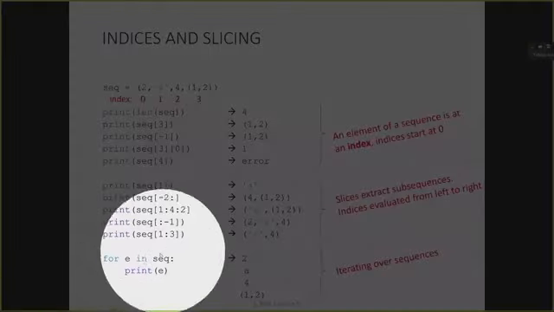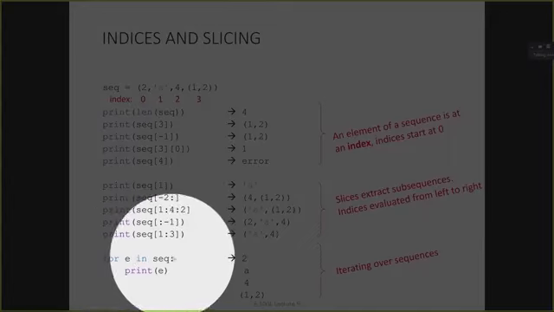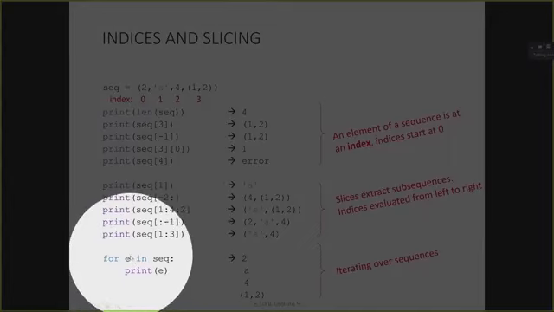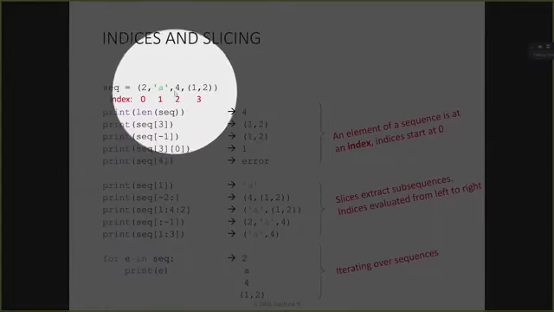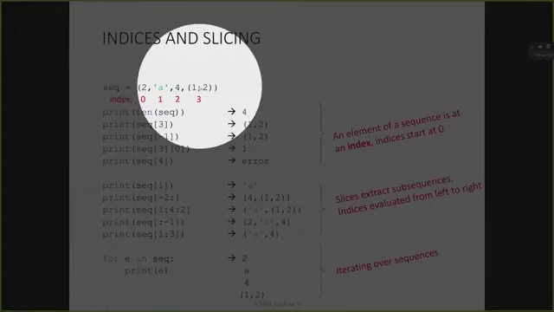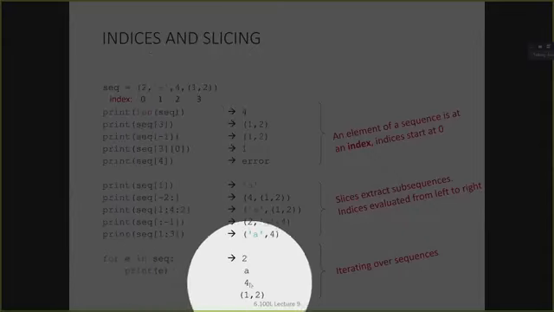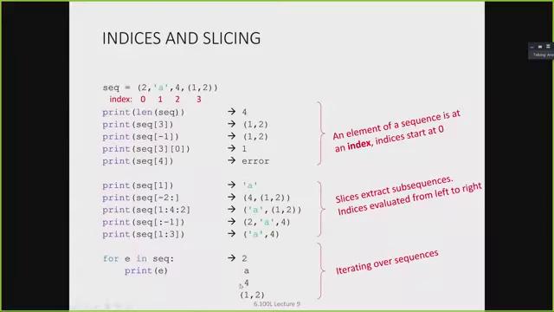So here, I've got for e in seek, which is going to make my loop variable e take on each element of the tuple directly. Not the index, but each element. So as I'm looping through, e will first have a value 2, then it'll have a value a, then it'll have a value 4, and lastly, it'll have this value 1, 2. And so if I just print that out directly, you'll see these values printed out.